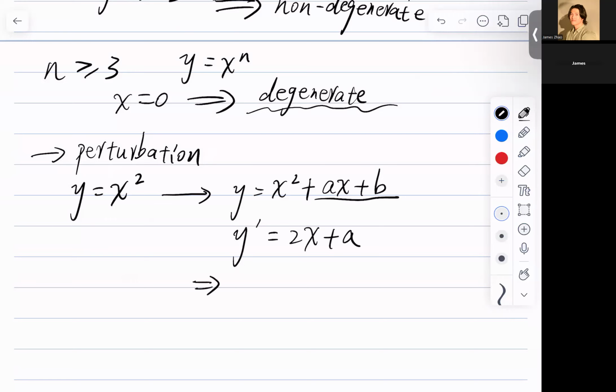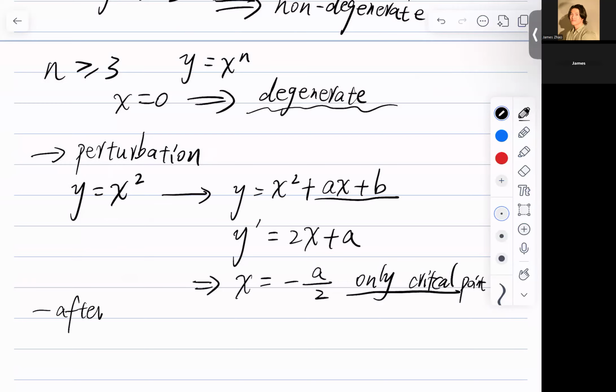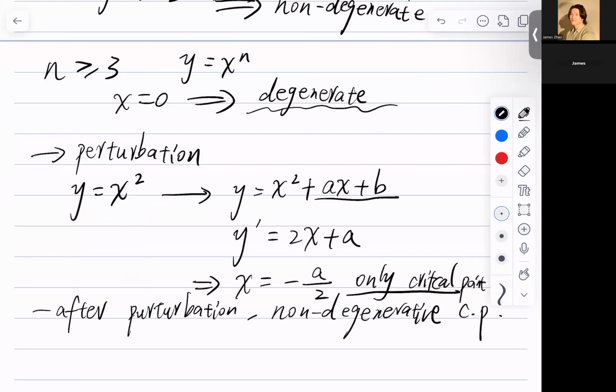And this implies x equals negative a over 2 is the only critical point. So we conclude that after some perturbation, a non-degenerate critical point is still non-degenerate.